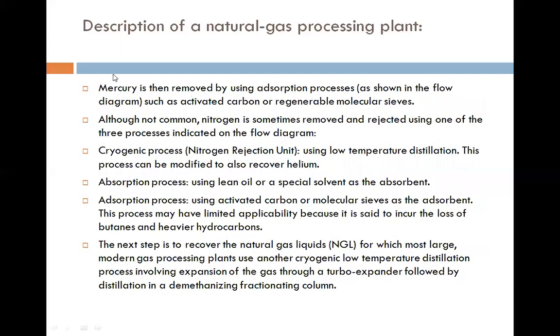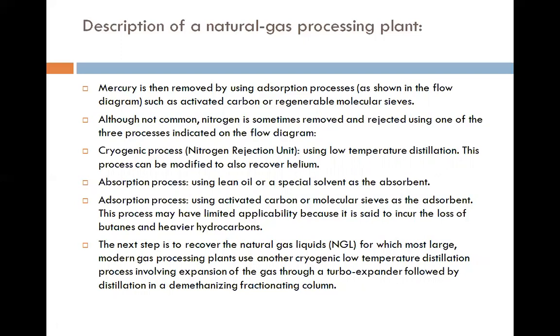Now, another important contaminant which we remove from the raw natural gas is mercury. Mercury is removed by adsorption processes, such as activated carbon or regenerable molecular sieves. Also, we remove nitrogen by three processes: cryogenic process, absorption, or adsorption.